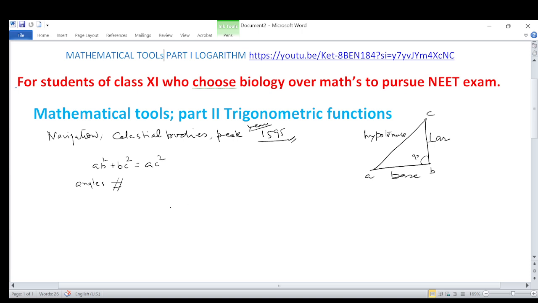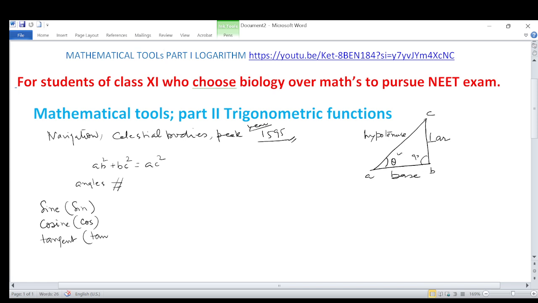Three important functions used everywhere are sine, which we write in short form as sin, cosine, which we write as cos, and tangent, which is called tan. And this angle we always take as theta.